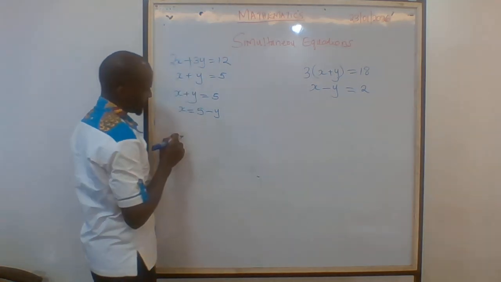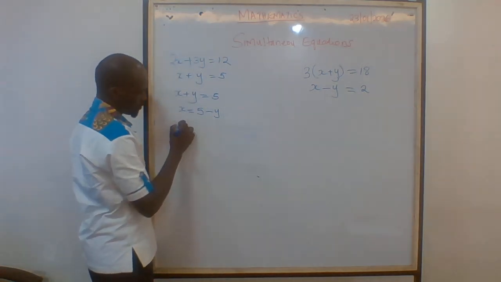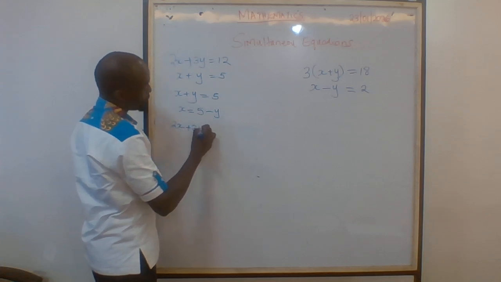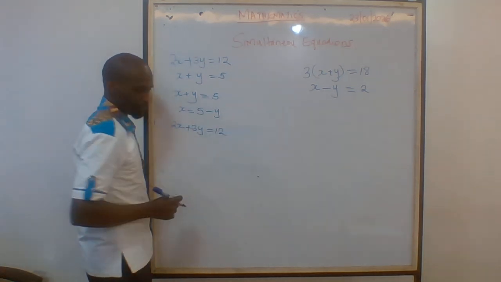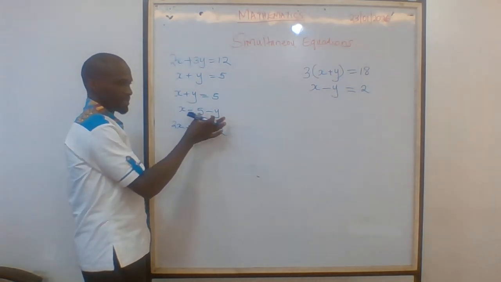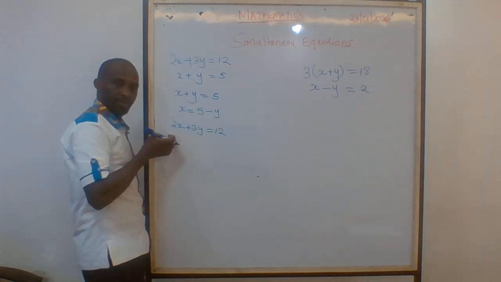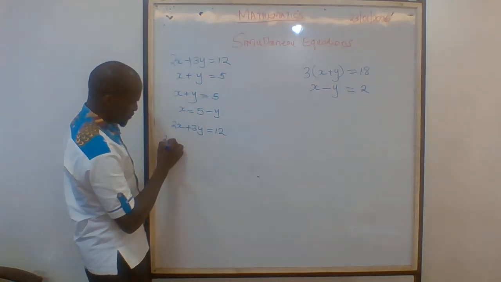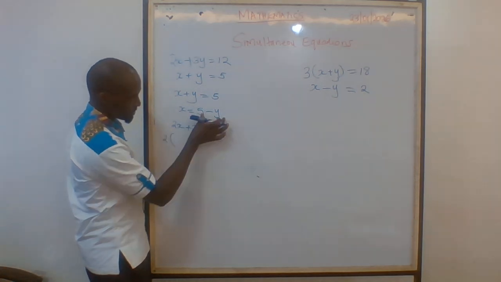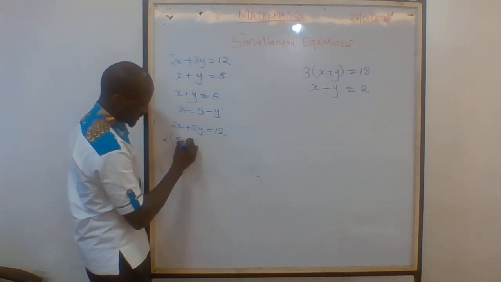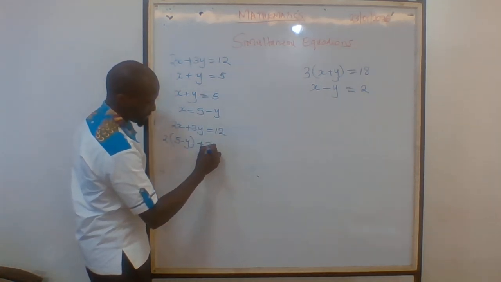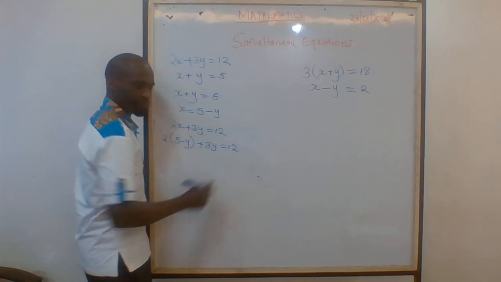So now we can take the equation, for example, 2x plus 3y is equals to 12. Remember, our x is 5 minus y. So we're going to have 2 into bracket 5 minus y, plus 3y is equals to 12.